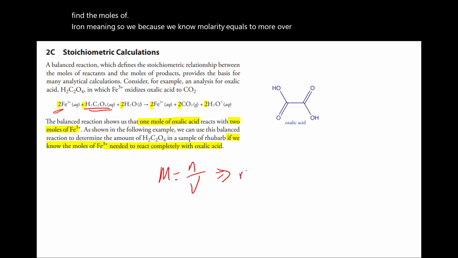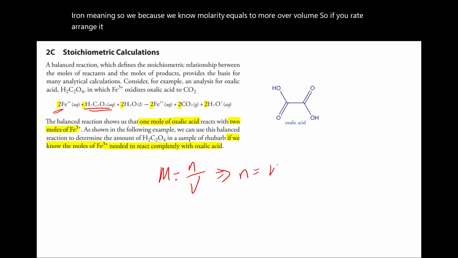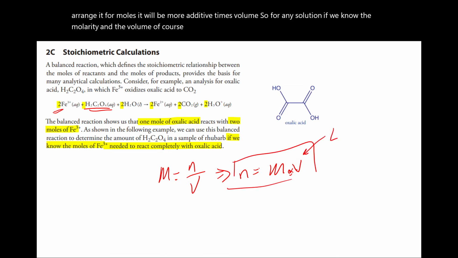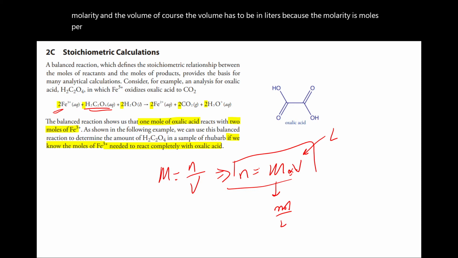If you rearrange it for moles, it will be molarity times volume. For any solution, if we know the molarity and the volume, of course the volume has to be in liters because molarity is moles per liter. So you have to do the unit conversion.